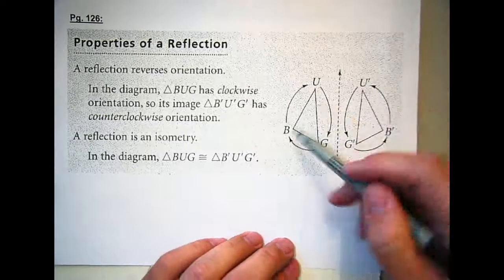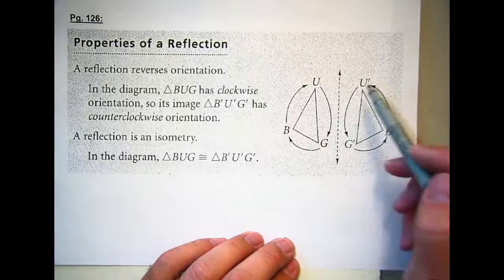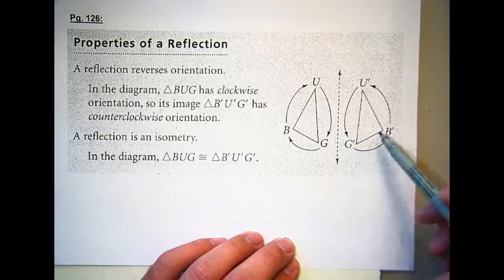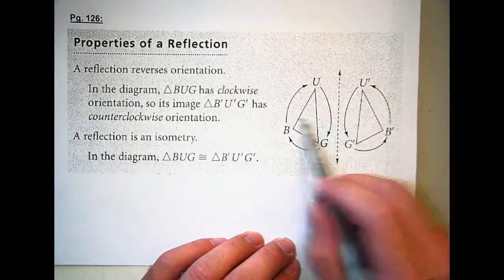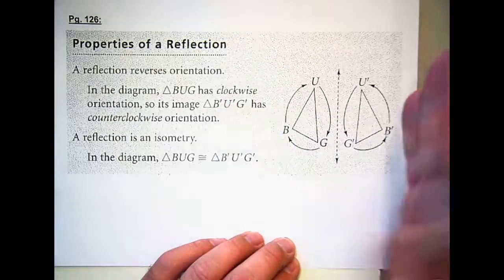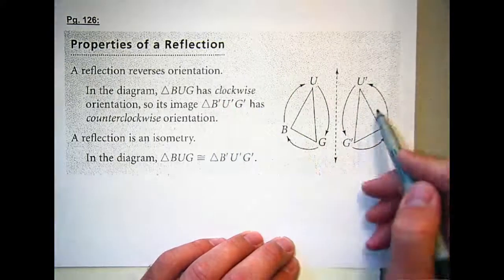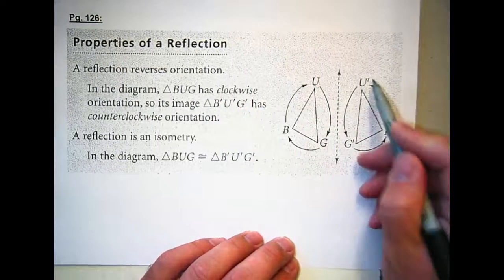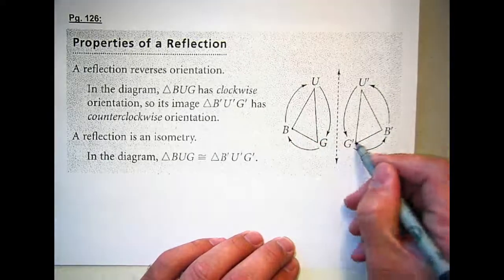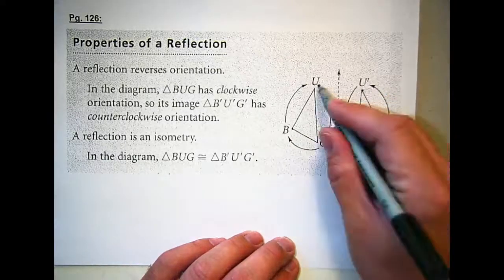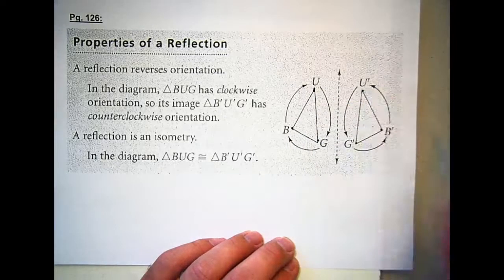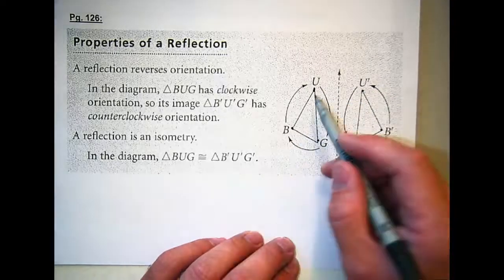Okay, so B prime, U prime, and G prime is how we read this. It's been reflected from BUG. So this is flipped over. This BUG maps to this. This is prime notation. We put these little marks here to show that those are the reflected points of these 3 points. Okay, these 3 points right here have been reflected over here, and we've drawn our line and we have a reflected shape. Notice the orientation.